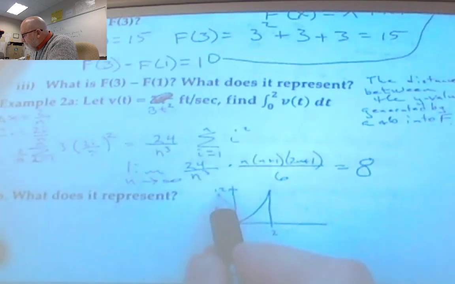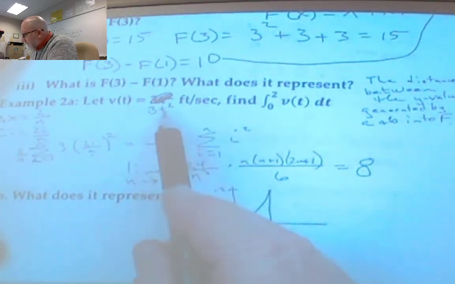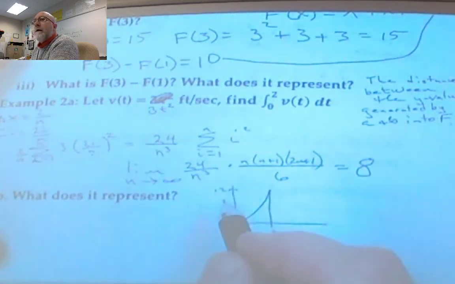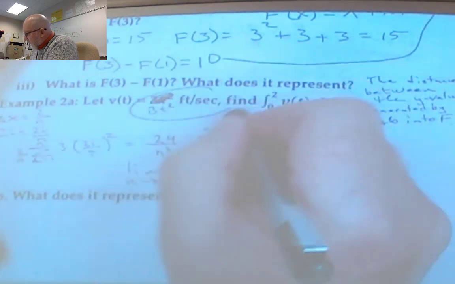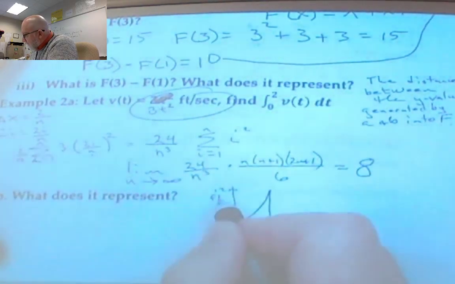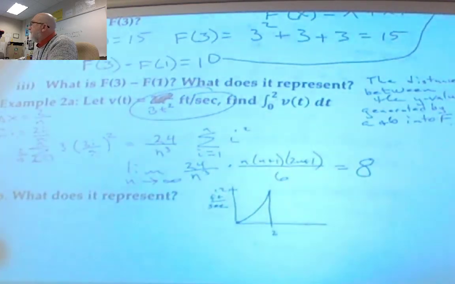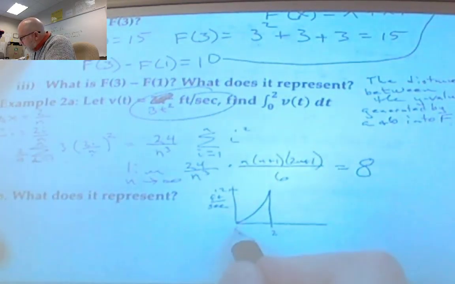It's 12 what? When I put 2 into here, 12 what? Feet per second. Right? Would everybody agree? And this is 0 to 2 what? Seconds.